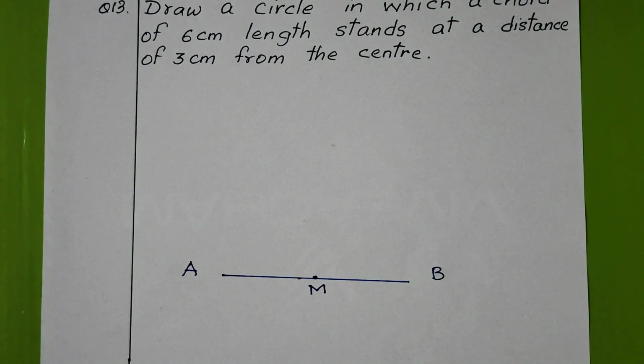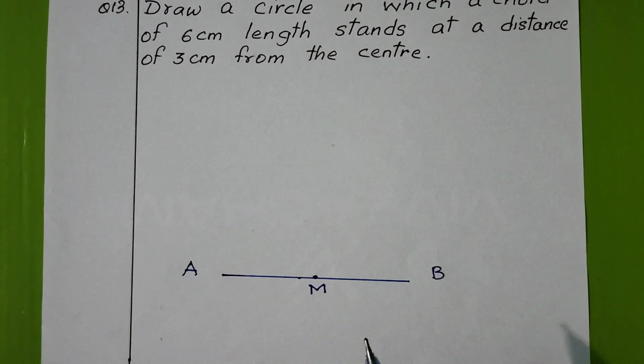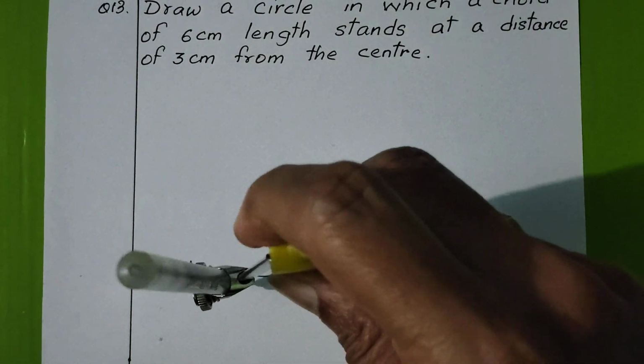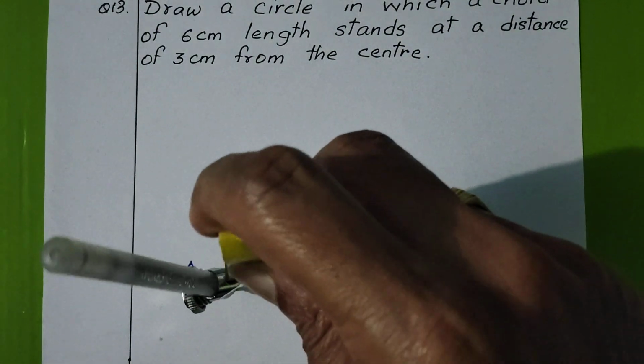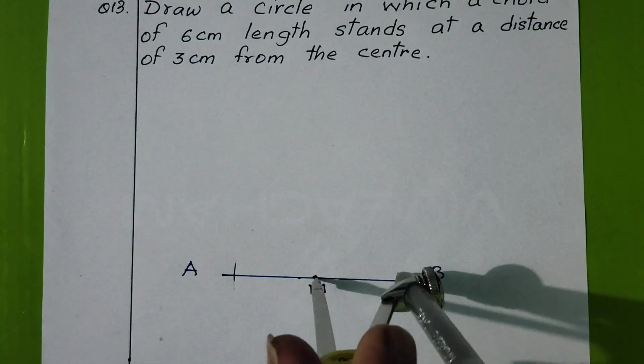Next, we will draw a perpendicular at M. For that, we will take the compass, keep it at M, and cut 2 arcs on the chord.